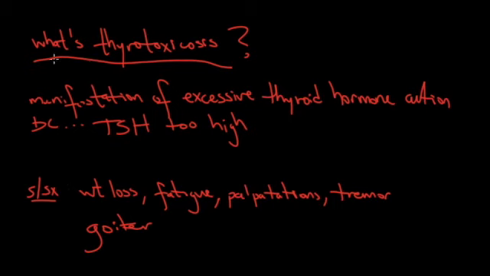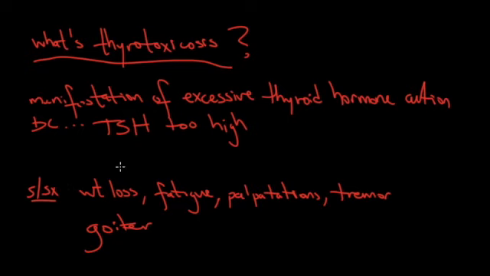So I thought it'd be important to cover what exactly thyrotoxicosis is, because we talk about it a decent amount in both aspects of this lecture. Thyrotoxicosis is basically a manifestation of the thyroid hormone just running rampant. It's doing too much because the TSH is too high.